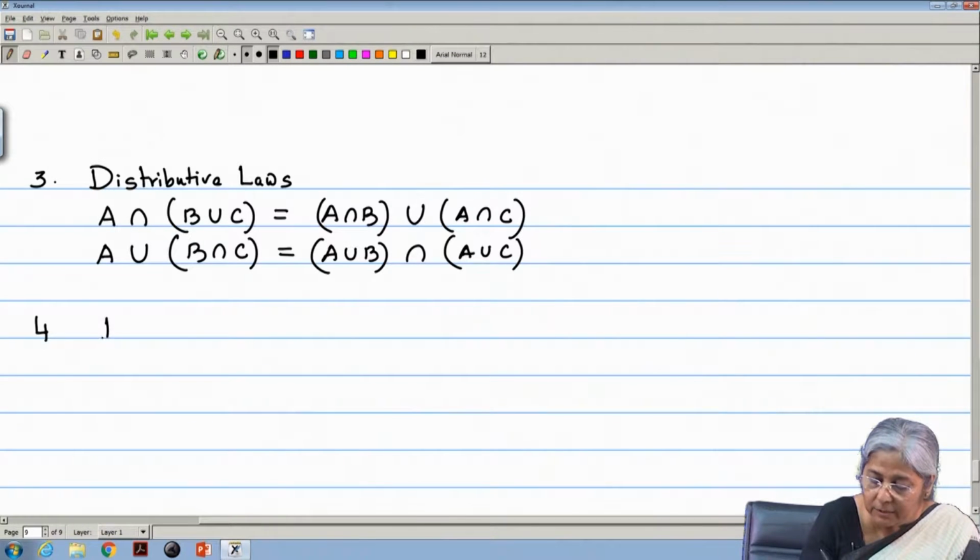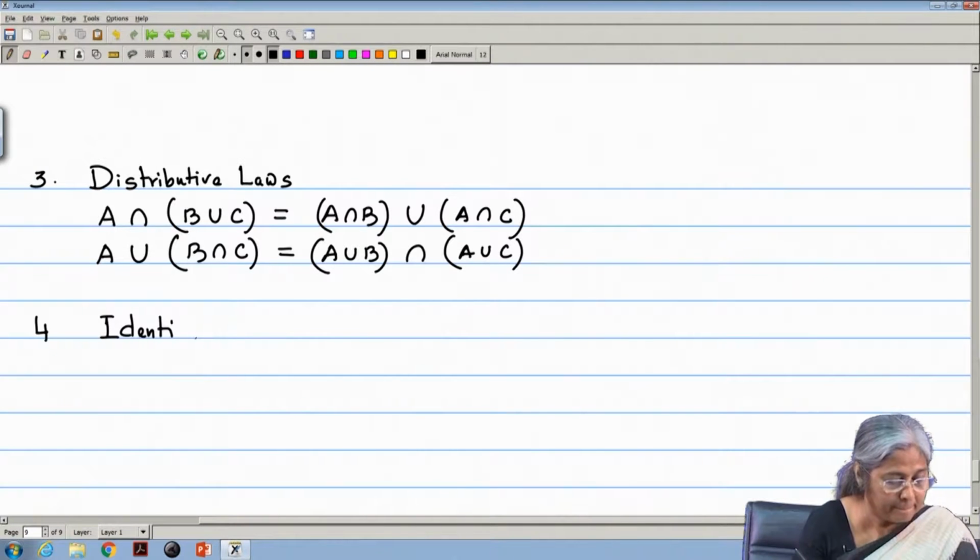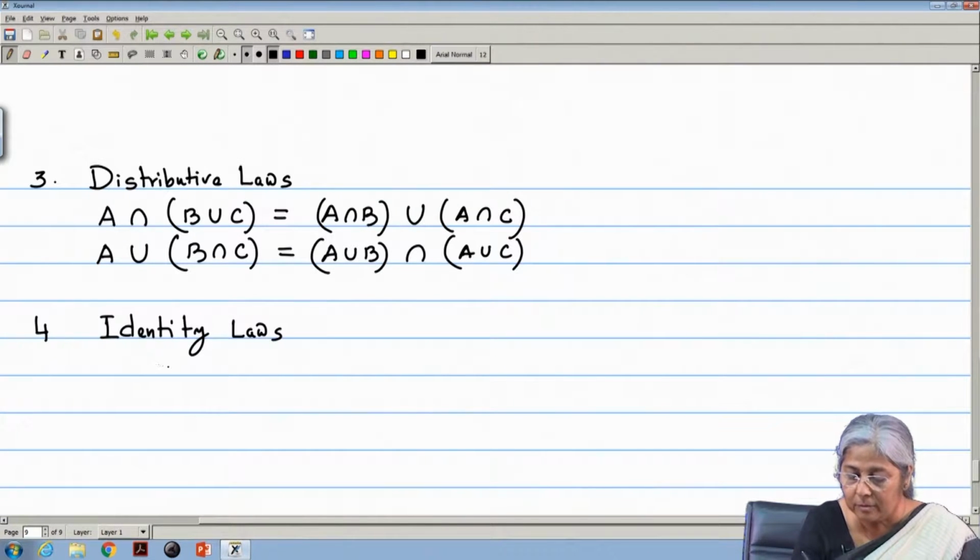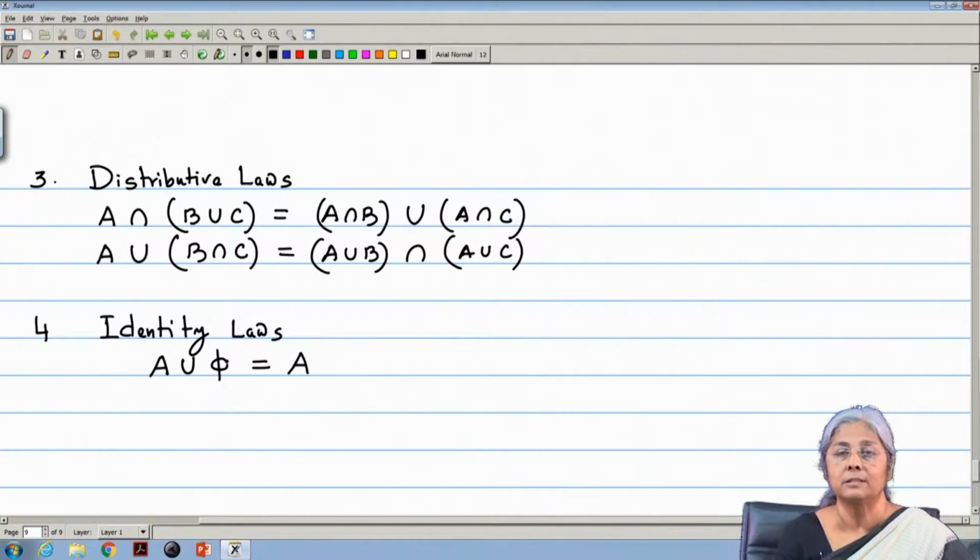Now, identity laws. If I take the union of a set A with my null set, then we will be getting A only, because the null set has no elements, and union is those elements which are either in A or in the null set.